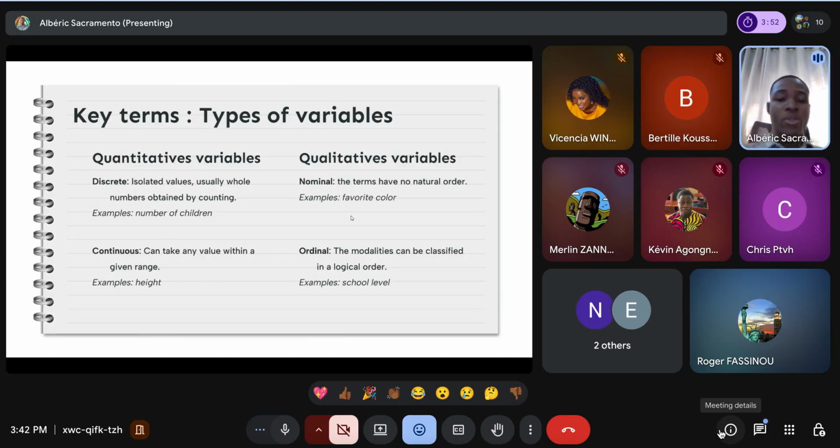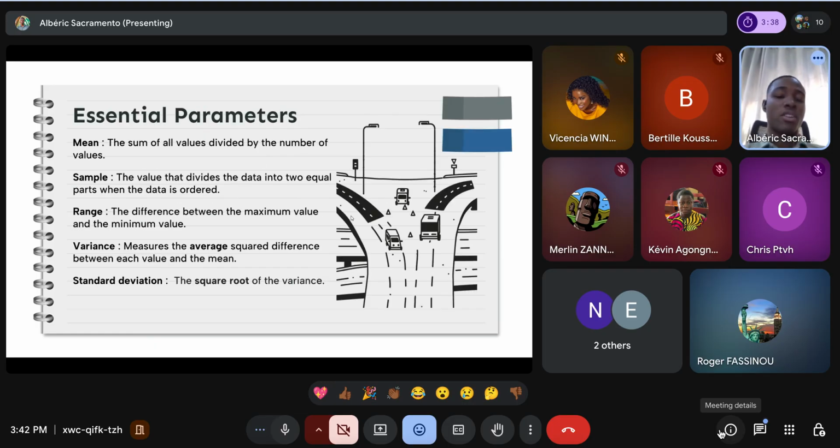Thank you. Now we have talked about variables and somewhat about statistics language, but what does the statistician use to do the job? We use some parameters, and what I show you on this slide are the main parameters we use the most: mean, median, range, variance, and standard deviation. The mean is the sum of all values divided by the number of values.